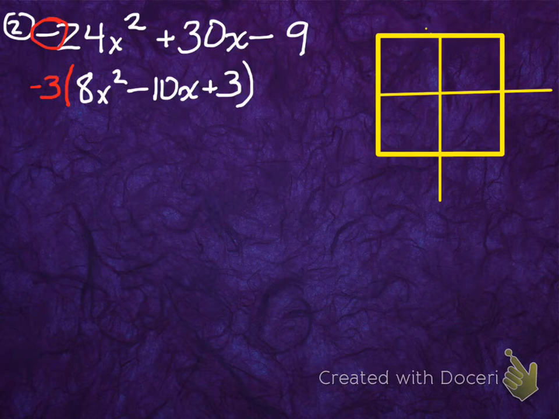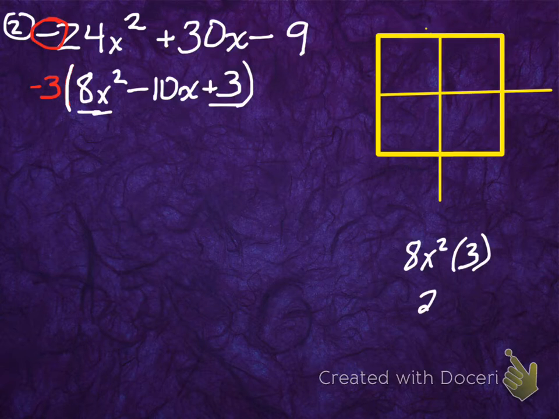So now I'm going to take my first and my last term and multiply them together. So 8x squared times 3 gives me 24x squared. So I want to figure out what numbers I can multiply together to get 24x squared.